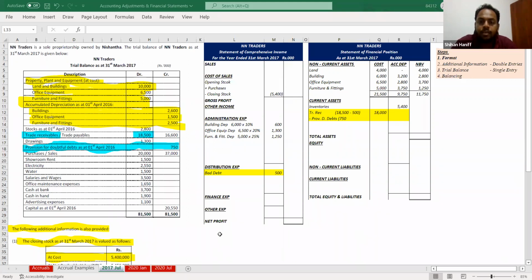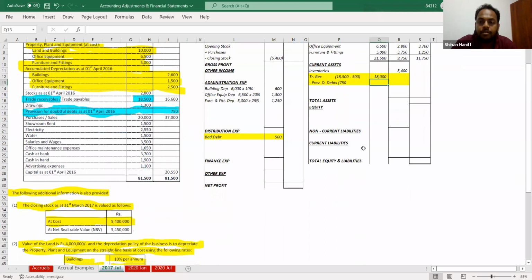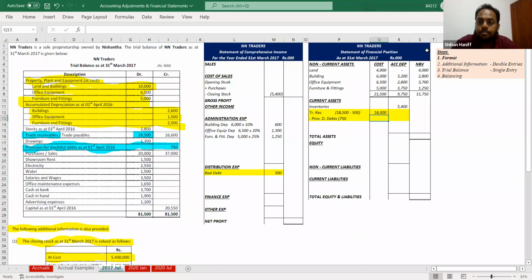So how much is the doubtful debt? Tell me how much is the doubtful debt from the remaining debtors, from the remaining trade receivables? 10%. How much is 10%?